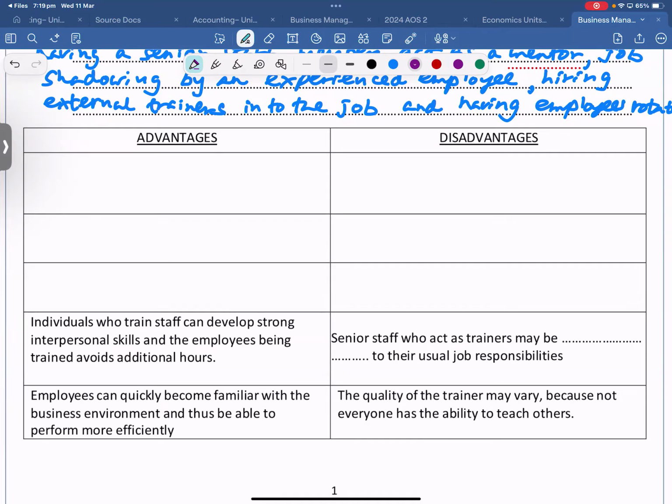Okay, let's write advantages. Number one, employees can perform their role while training.